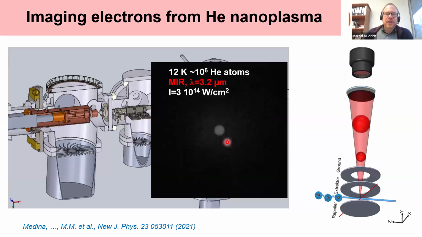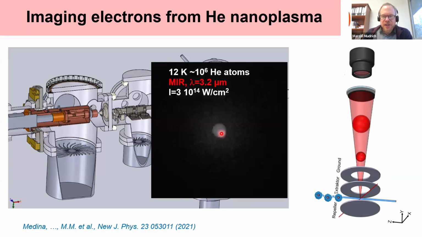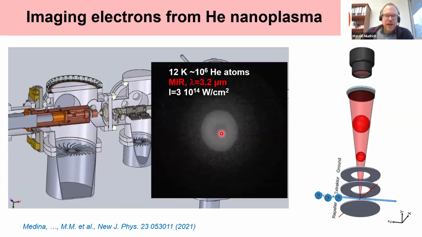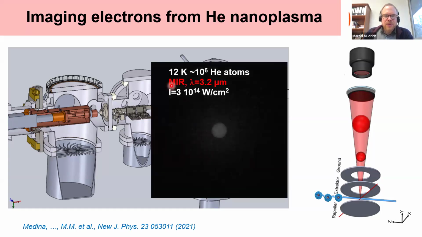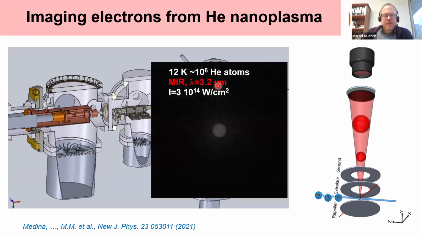And that is the typical images that you would record. Actually, in between these hits, there are many laser shots that don't produce any signal because they just missed a particle. But when this intense laser hits, in this case it was a mid-infrared laser at 3.2 micrometer wavelength.